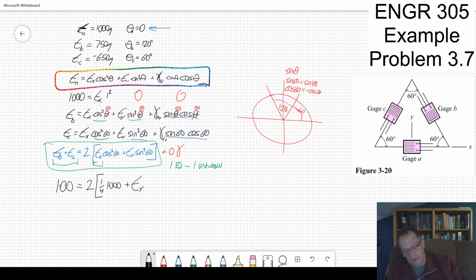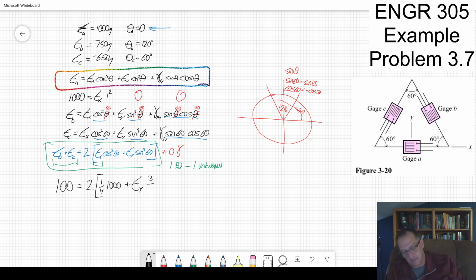So square root of 3 over 2, and then I have to square it. So it's 3/4. All right. And then we just have to go through the math and simplify this.